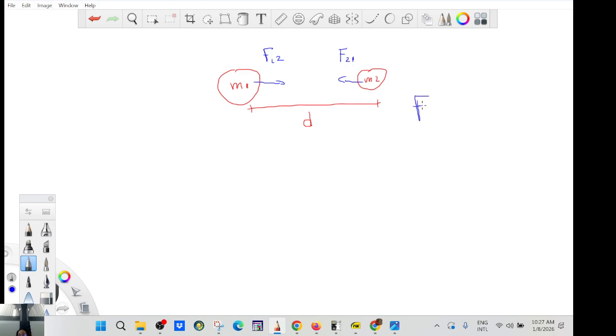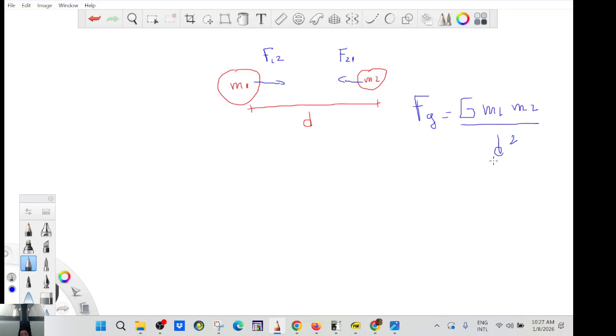And the force of gravity between two masses is a constant G, which is a very small constant, times m1 m2 over the distance squared. This is called the inverse square law. So it's a typical conceptual equation.